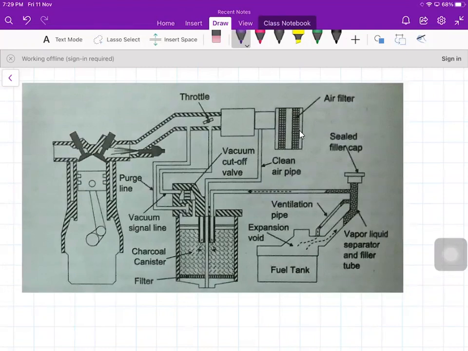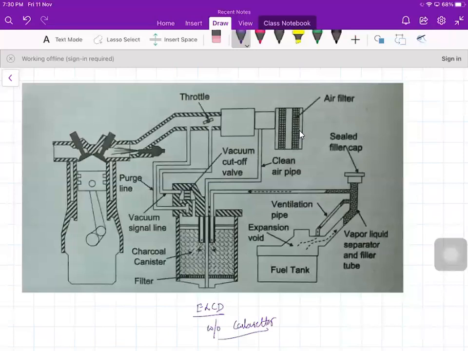This is the complete setup for the evaporative loss control device, without the carburetor, so we don't see the carburetor here. What do fuel tank losses mean? For a few minutes we'll discuss only the losses, not the controlling.